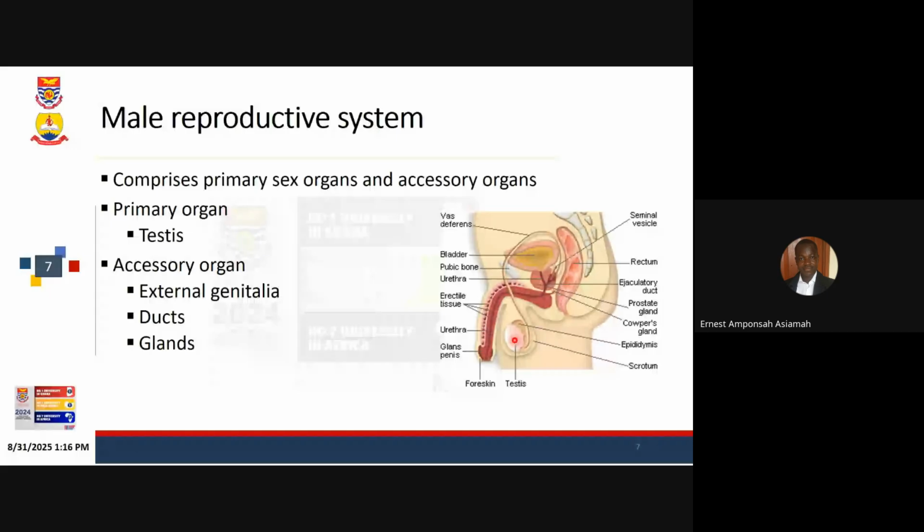The scrotum is a sac of skin which hangs outside our body, within our perineum. So the testis is the primary organ. Then we have the accessory organs. Accessory organs can be divided into three categories. So we have the external genitalia.